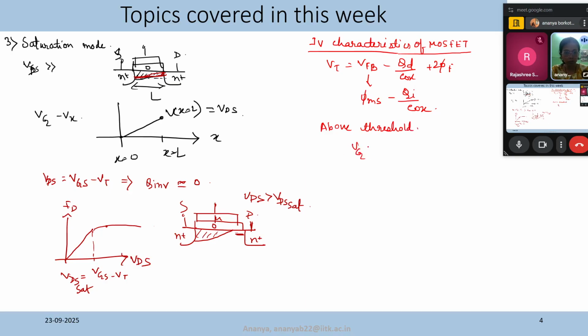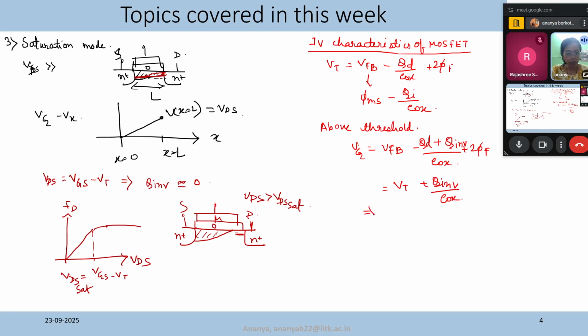Whatever gate voltage we apply will create the flat band condition, and will create the inversion, like 2 phi F, that part, depletion, plus that extra voltage will create more and more inversion charges. COX. So this is VT plus Q inversion by COX.